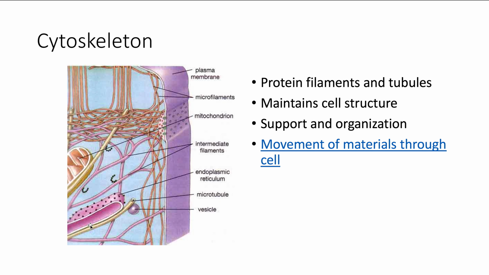There's also microtubules in this area, which means very small tubes, and "-ule" at the end of something means it's really little. So microtubules are literally small tubes, and things flow through them, like the T-tubules you learn about in muscle. So the cytoskeleton is important for structure and for movement of material through the cells.